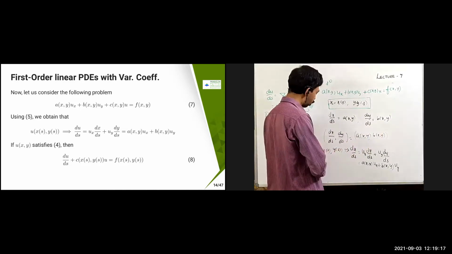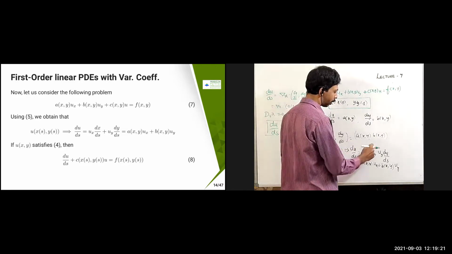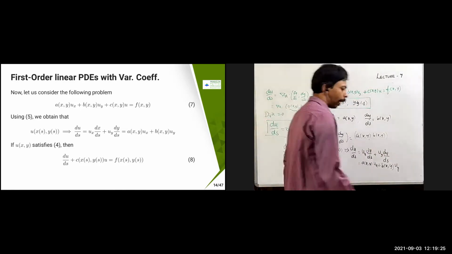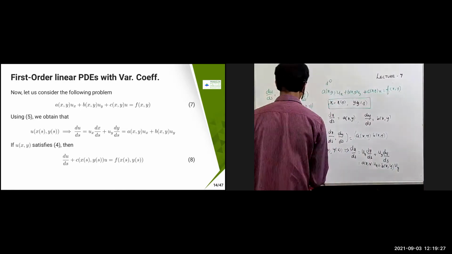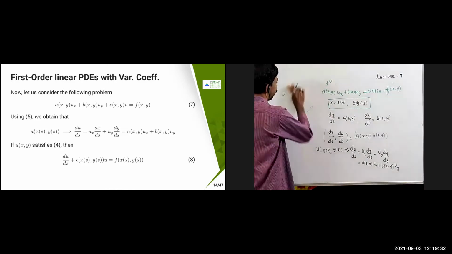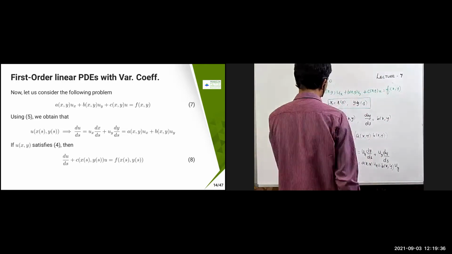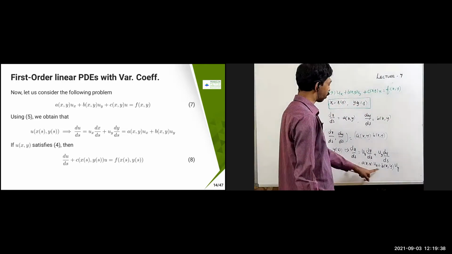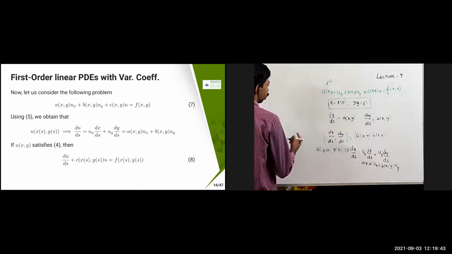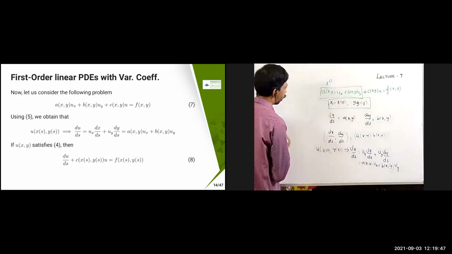This is the derivative, so u(x(s),y(s)) you can take. So du/ds equal to ux dx/ds plus uy dy/ds is going to come. Then for this problem, let us reconvert. If a(x,y) ux plus b(x,y) uy is satisfying this one, then in this portion only, I can replace with whatever is here.